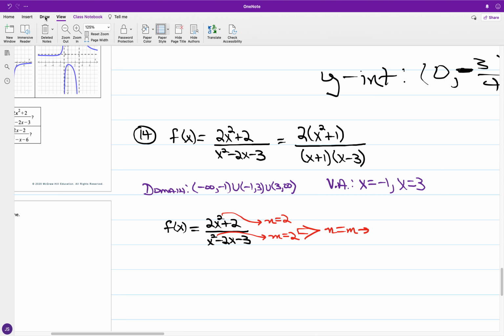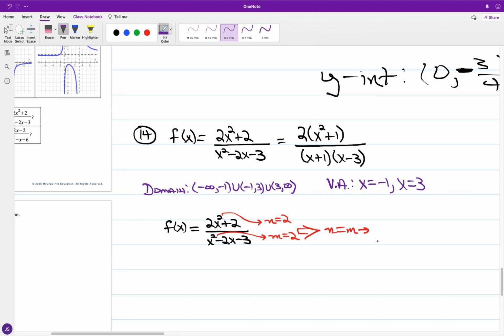From this, you're going to have a horizontal asymptote, and it's going to be non-negligible. So y is going to be equal to the constant resulting from taking the ratio of the highest order terms in the numerator and denominator. So you have 2x squared over x squared, and so y is equal to 2.